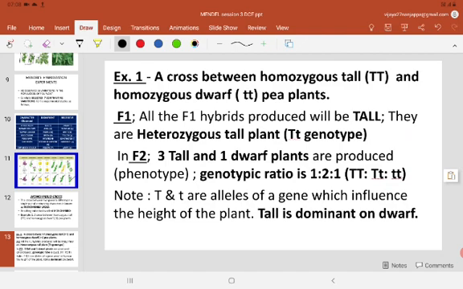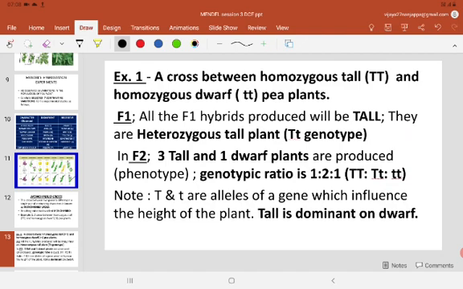And when selfing of the F1 takes place, that is, when F1 is hybridized among themselves, it results in F2 plants in the next generation, where the approximate ratio of tall to dwarf plants is nearly 3:1.